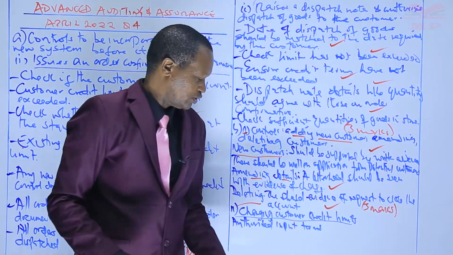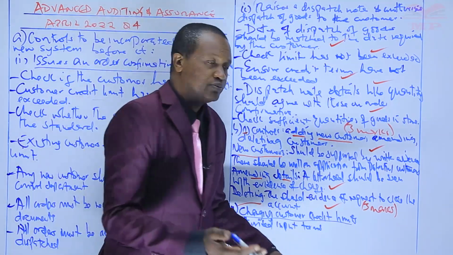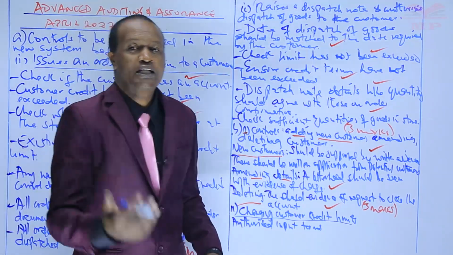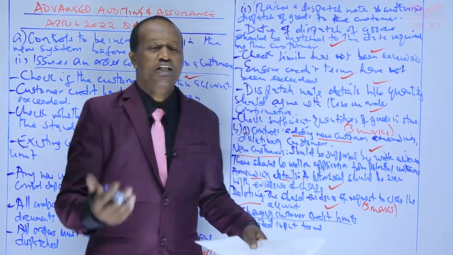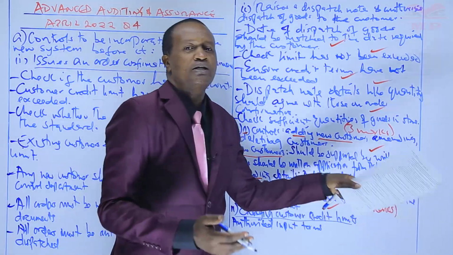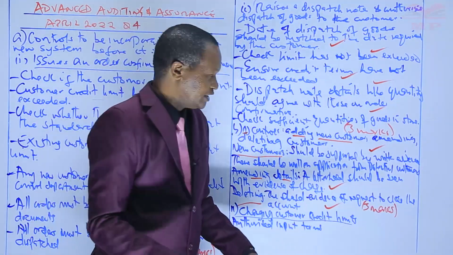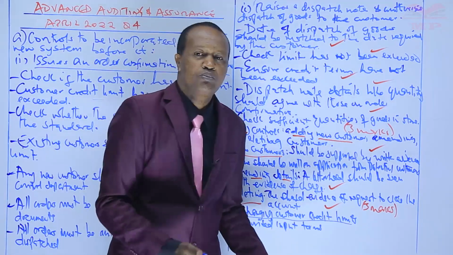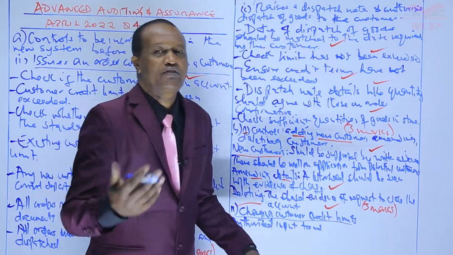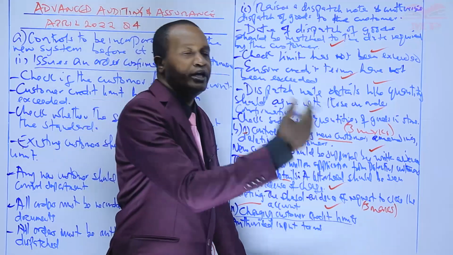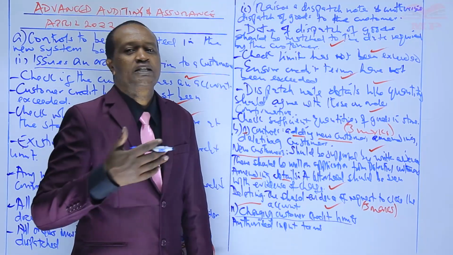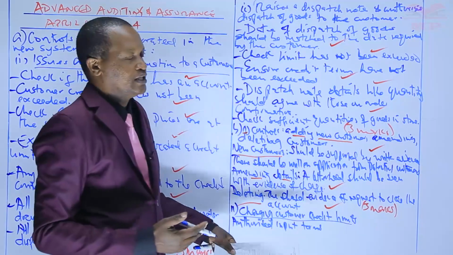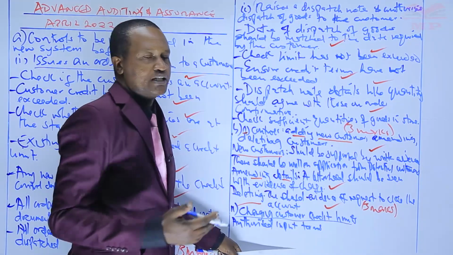No, there has to be authorized input forms that are used to change customer limit details, which should be supported by evidence of checks on customer payment or exceeding existing limits.